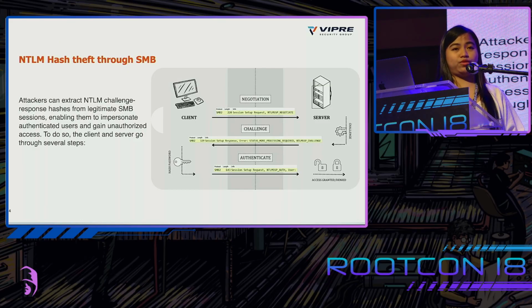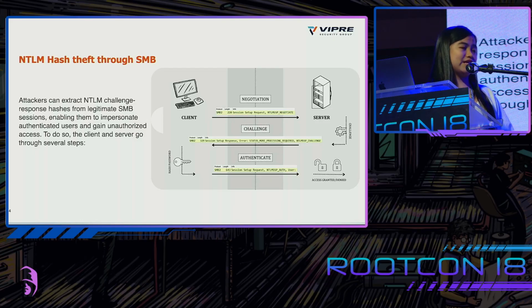So most of you, of course, already know that SMB, or Server Message Block, is a network protocol that we use when we share files between computers over a network. Now, these legitimate SMB sessions can be extracted and, of course, manipulated by these malicious actors to gain unauthorized access. Now, it goes through 3 stages: the negotiation, the challenge, and authentication.